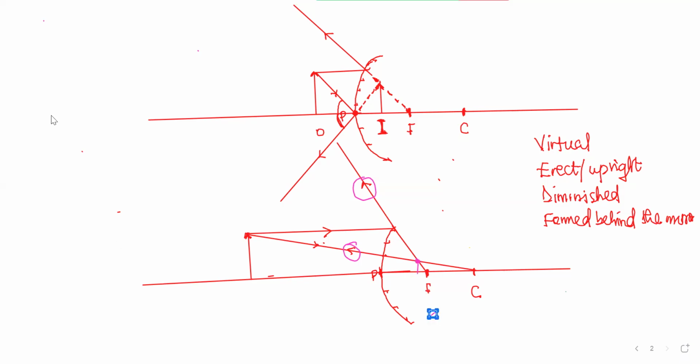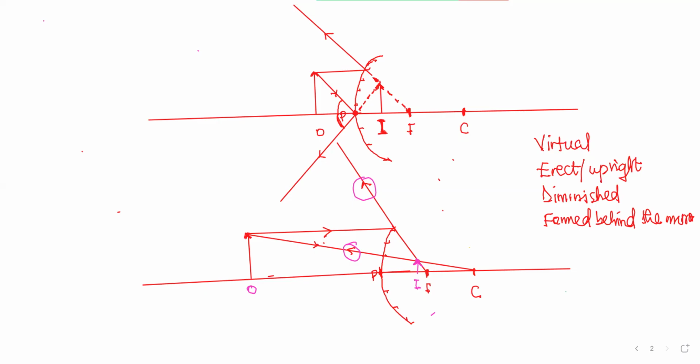So still the image is virtual and upright.